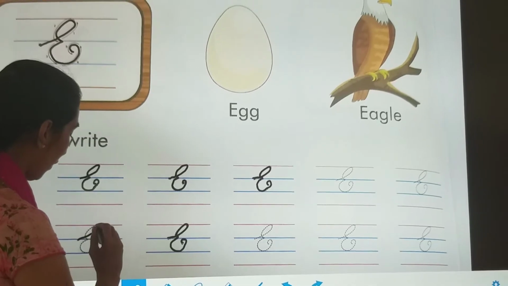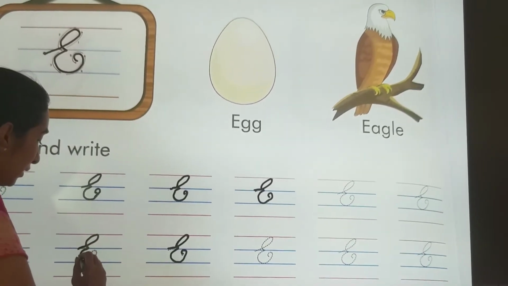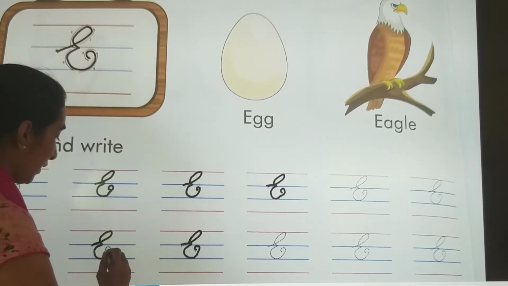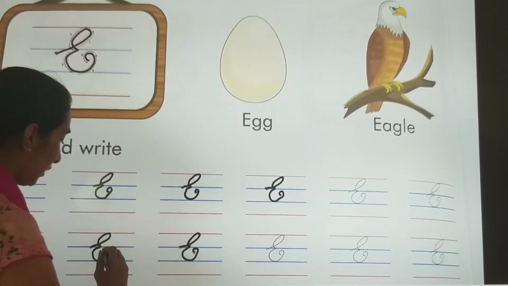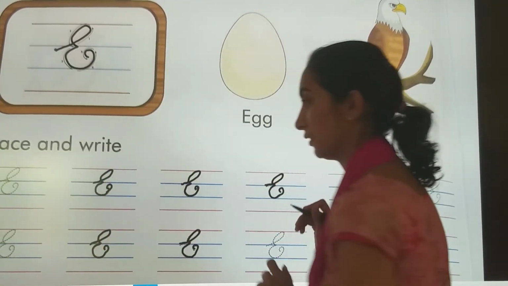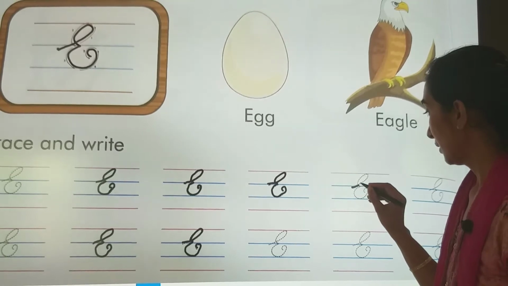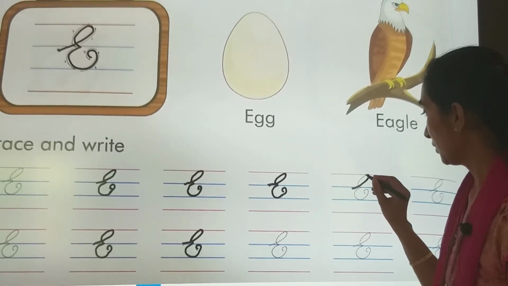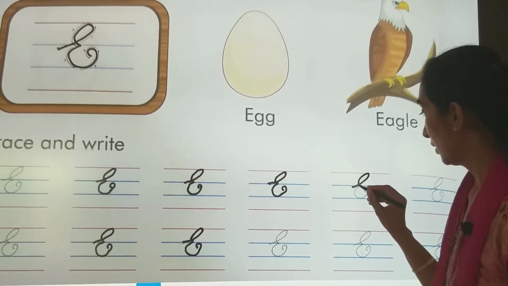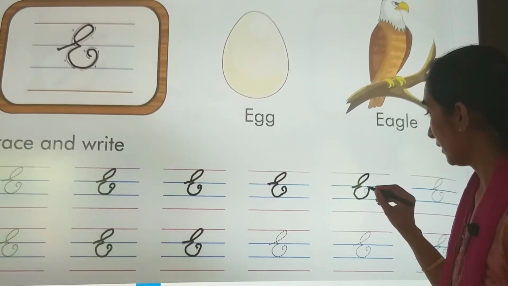E, go up, down, curve and around. Let us try it again. From here, go up, take a loop, again take a curve and around.